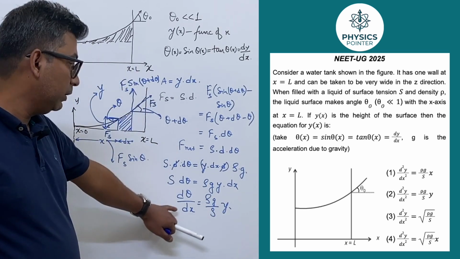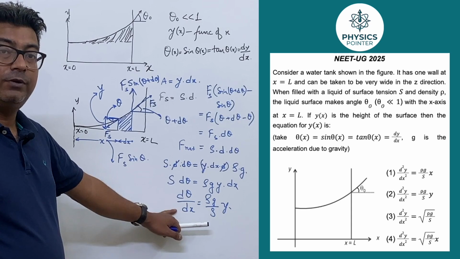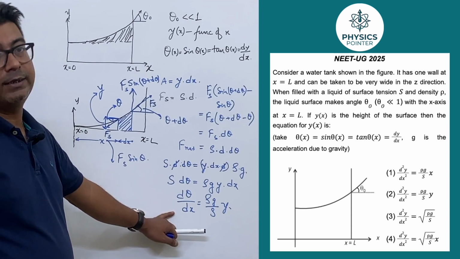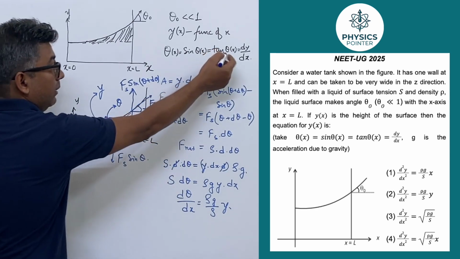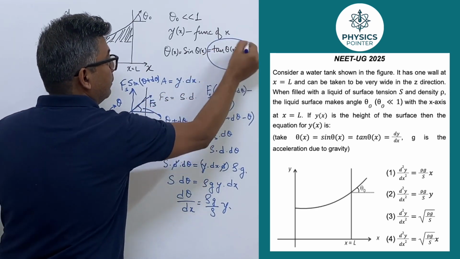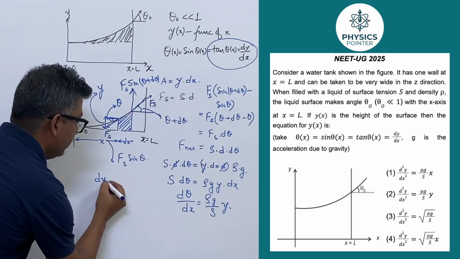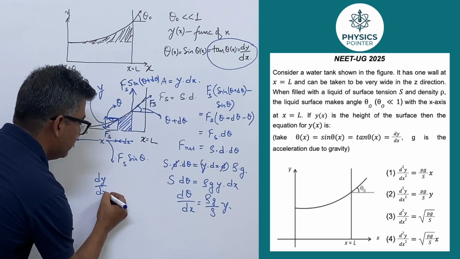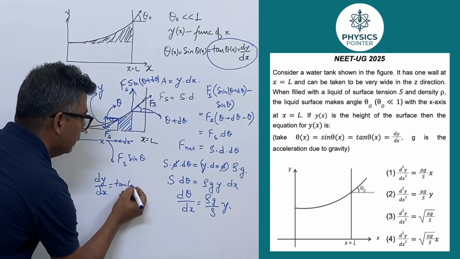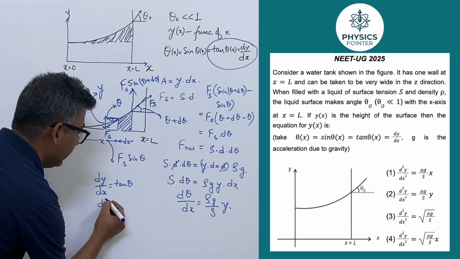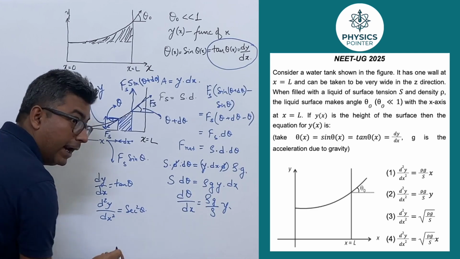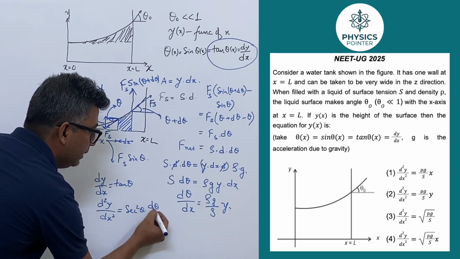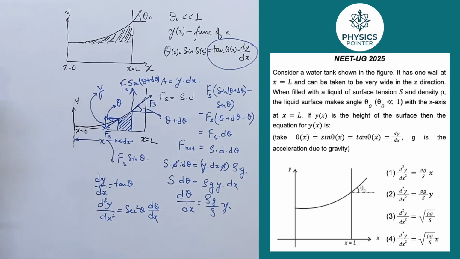Now, this is not what they have asked. They have asked for d square y by dx square. How can we get that? For that, let's look at this. We have been given dy by dx is equal to tan theta. Let's differentiate it again. What we'll get is sec square theta, and additionally d theta by dx. What will happen to sec square theta?